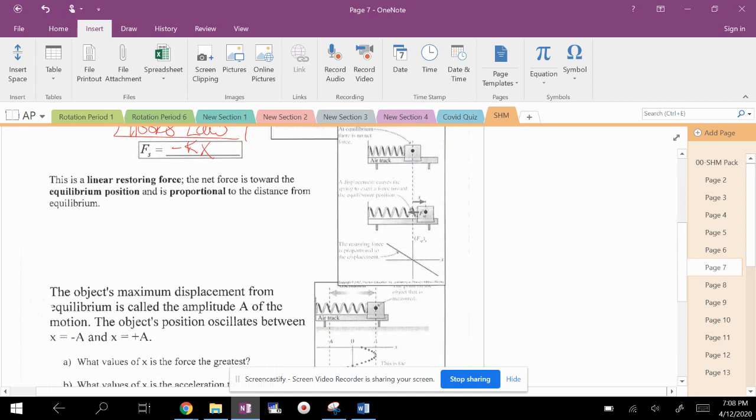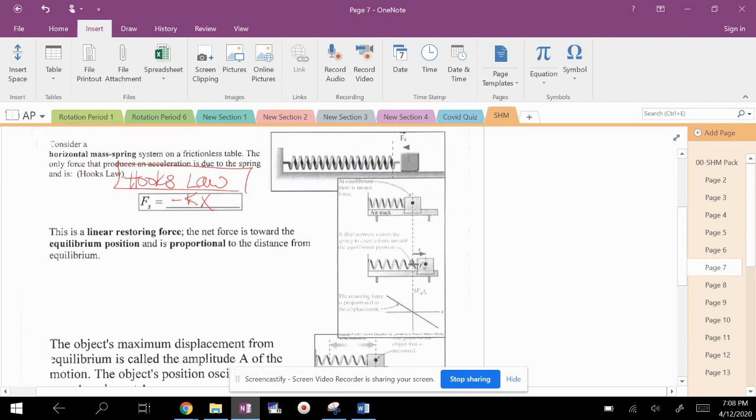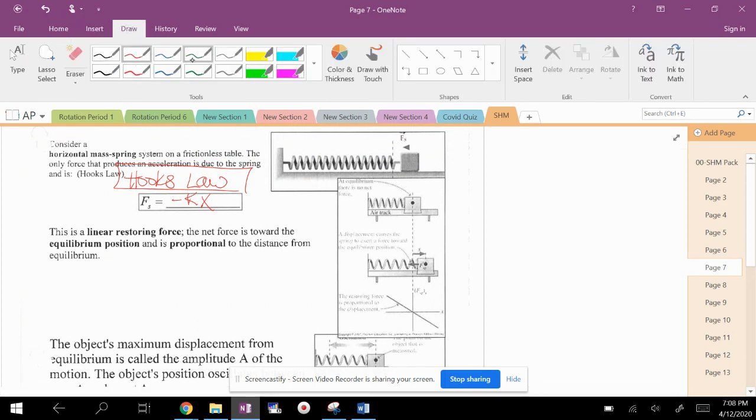It says that it's proportional to the distance from equilibrium. So what that means for us is if that distance goes up, there is more force needed to pull the block back to equilibrium to restore it to that position.